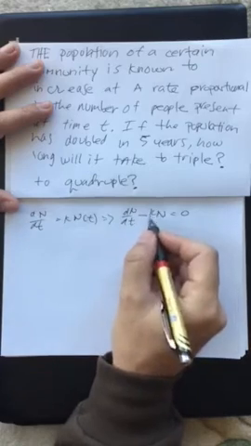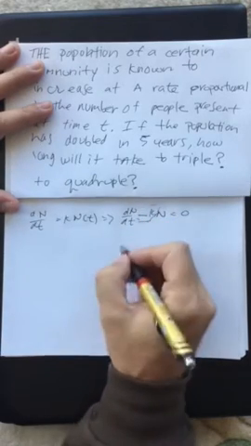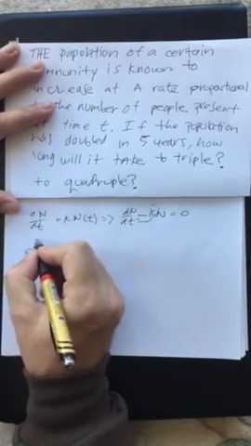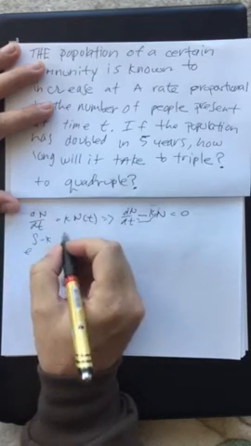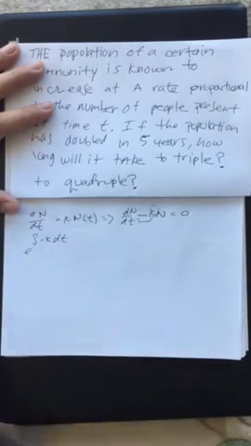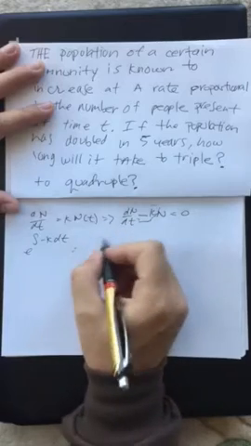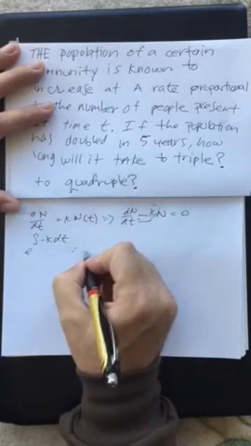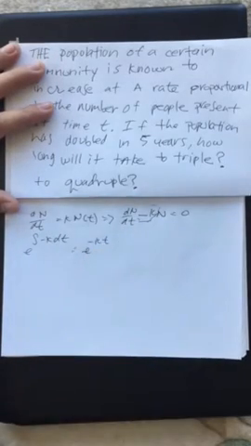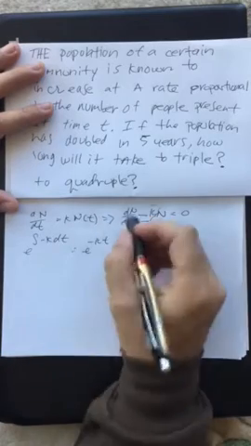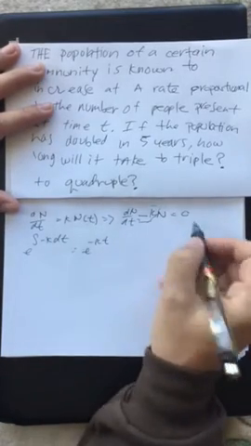The integrating factor is going to be e raised to the integral of negative k dt. What is that? That's e to the negative kt. That's your integrating factor. Now, multiply this to both sides.